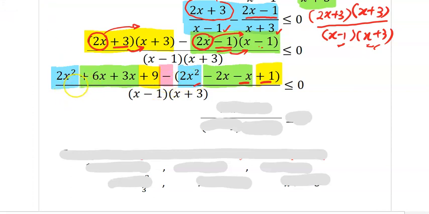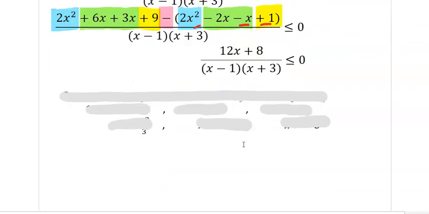When I have 2x² - 2x², it becomes 0, so there are no more x² terms. For the x term, I have 9x minus negative 3x, so the result is positive 12x. For the constant, 9 minus 1, the result is 8. Then the rest of the part just follows through.